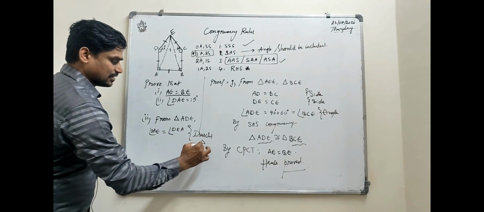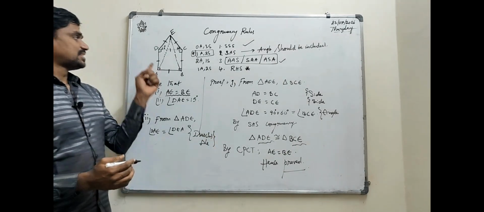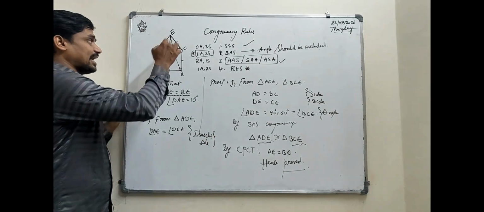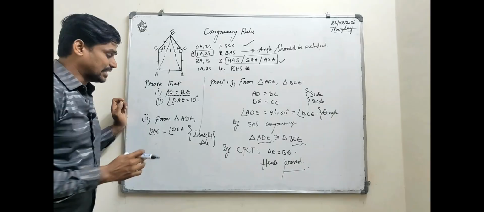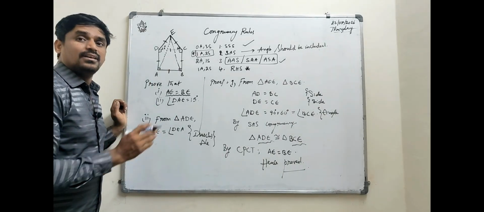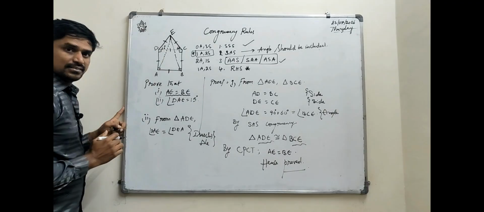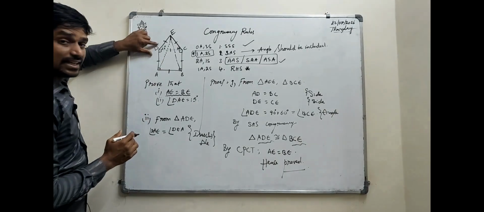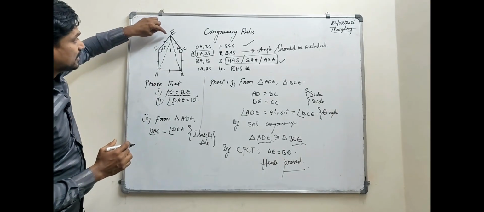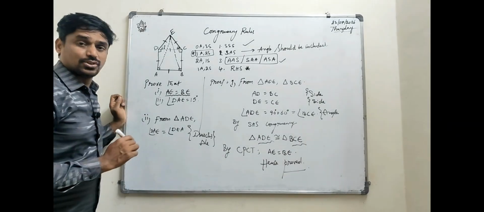Isosceles triangle, yes, it is. See, in this triangle ADE, AD and DE are equal. Two sides are equal, then it is isosceles. If it is isosceles, then angle DAE is equal to DEA. Already we know angle ADE is 150. Then the sum of these angles should be 30, right?